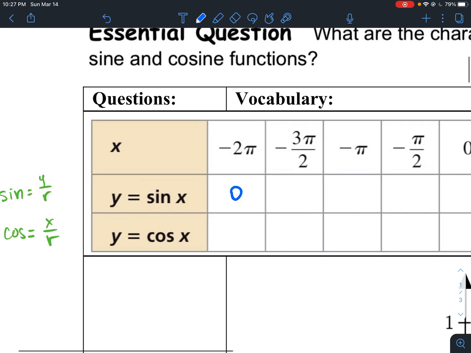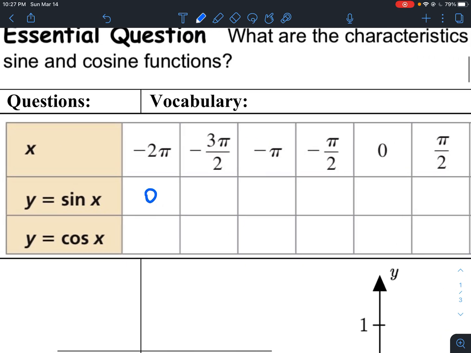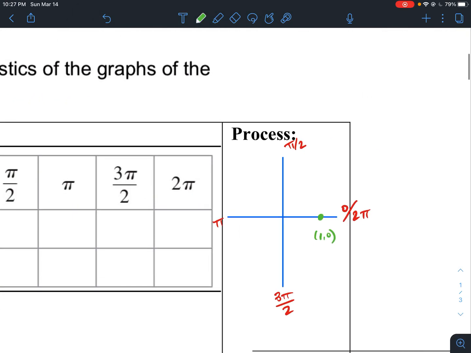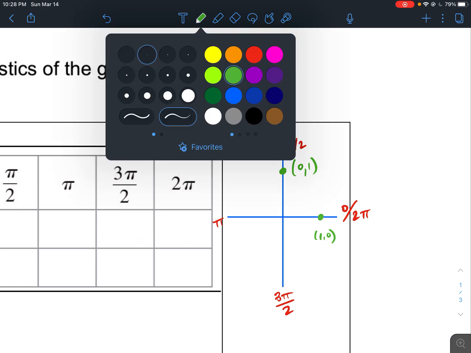Okay, let's go to negative 3 pi over 2. So negative 3 pi over 2 means I go here, here, and here. So this would be negative 3 pi over 2, because negative 3 pi over 2 is the same thing as negative 270 degrees. So this point right here, where it crosses the unit circle, is 0 comma 1, where x is 0 and y is equal to 1 and r is equal to 1.